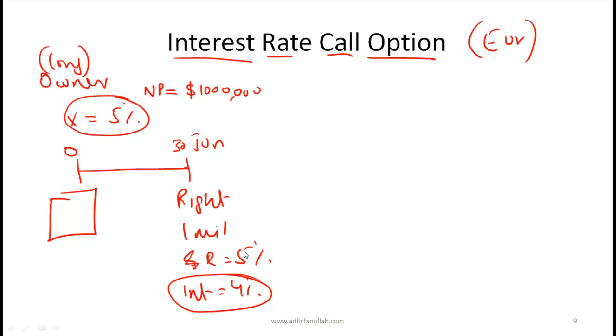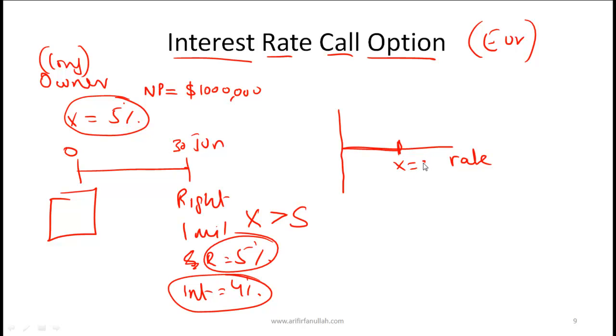So as you saw earlier with the simple example on stocks, the call option is in the money, or it's useful, if the market rate of interest, which we denoted by S, is greater than the strike rate. And again, if we were to draw a payoff diagram for an interest rate option, the x-axis would be the rate, and there is a certain strike, which in our example is 5%.